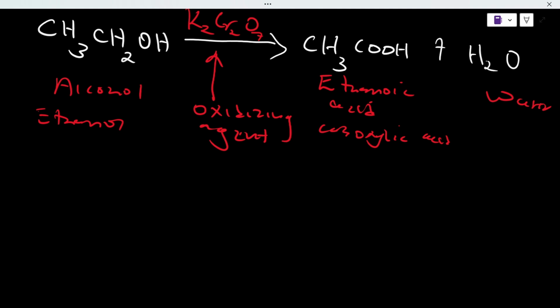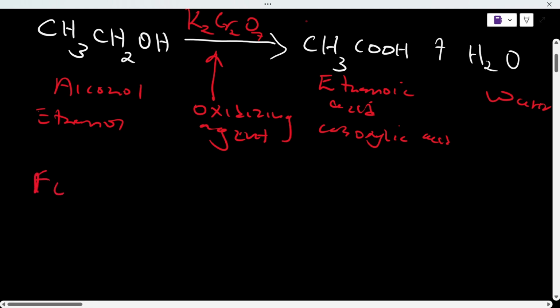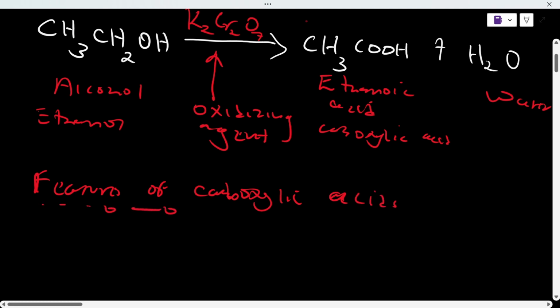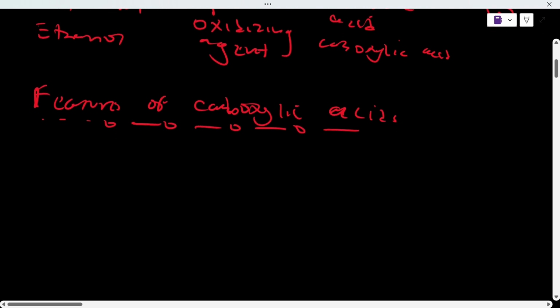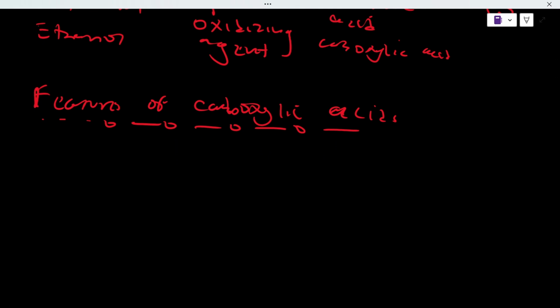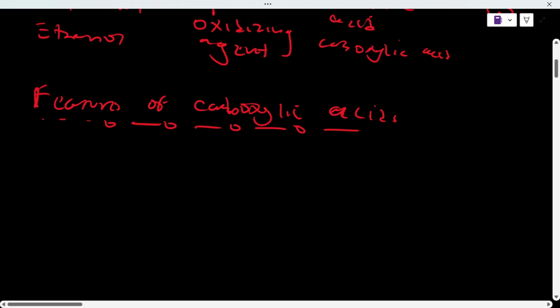Now, the key features of carboxylic acids that we need to know as students or examiners: the first key thing about carboxylic acids is that they are obtained from alcohols.